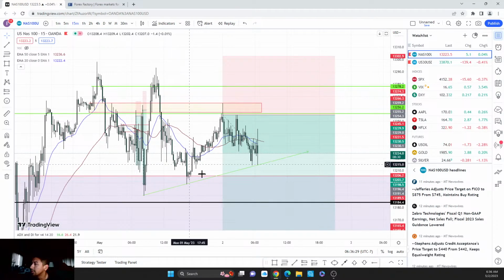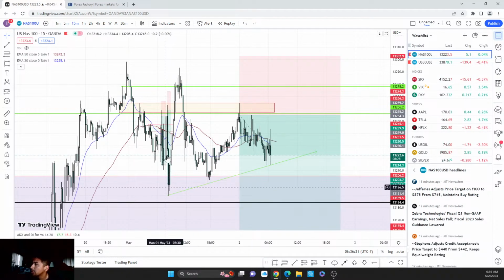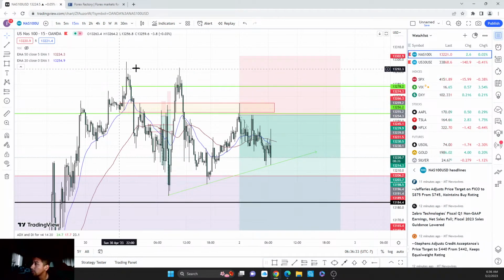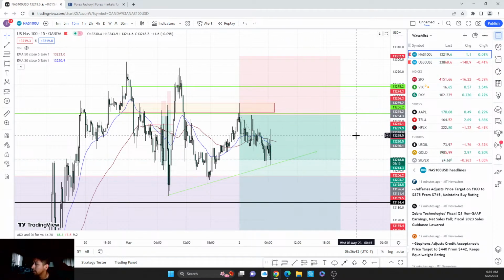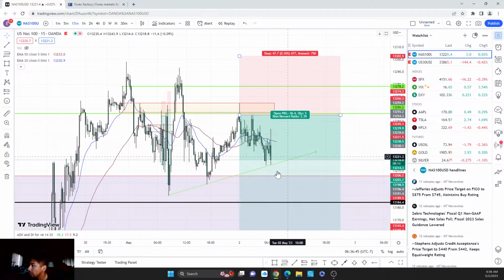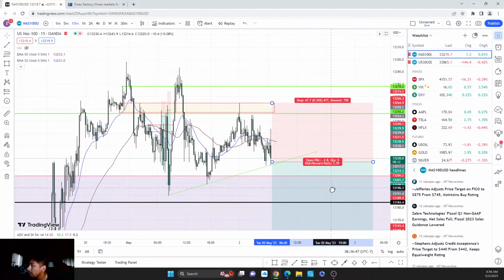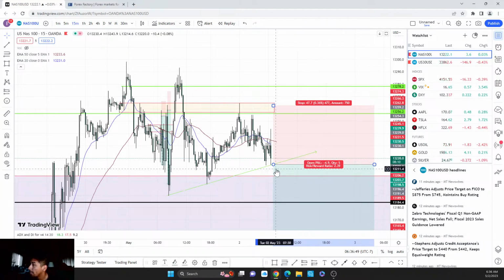I don't like it because of the lower high, higher low, lower high, higher low, maybe a lower high. I don't know. Let's see if it can break this trend line. If it can break this trend line and retest it, maybe we're in for a trade, right?